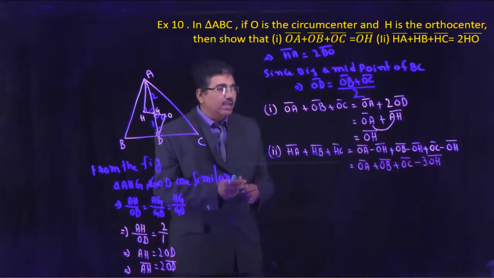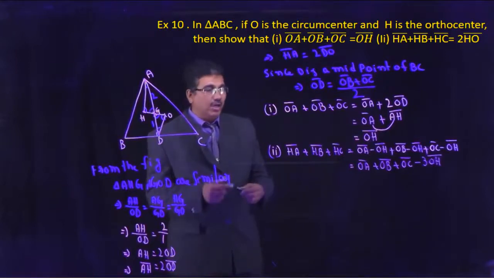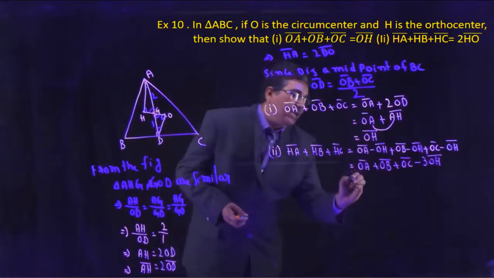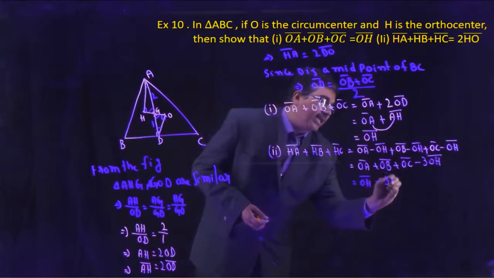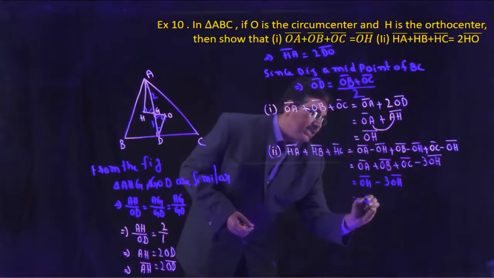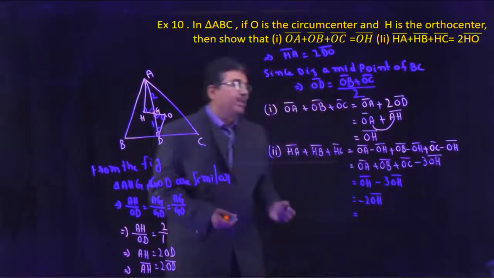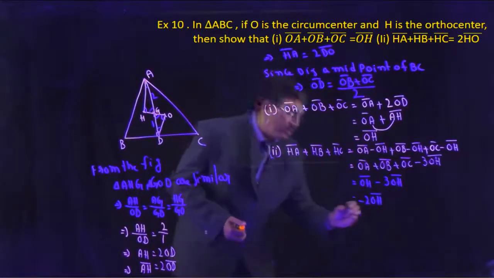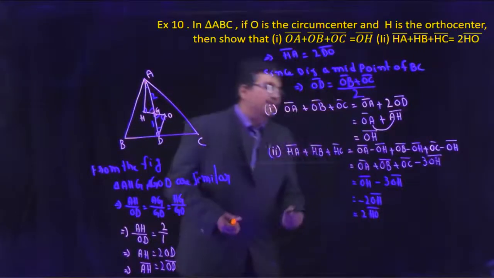From first bit, OA bar plus OB bar plus OC bar is equal to OH bar, that is equal to OH bar minus 3 times OH bar, that is equal to minus 2 times OH bar, that is equal to, by eliminating minus, 2 times HO bar.